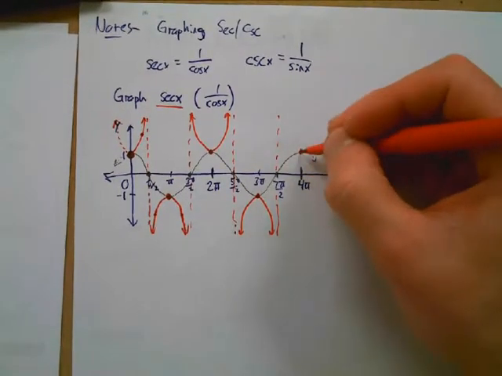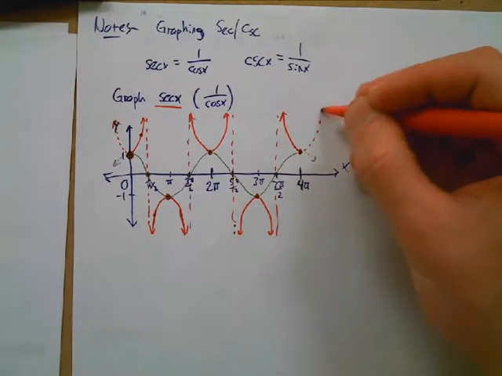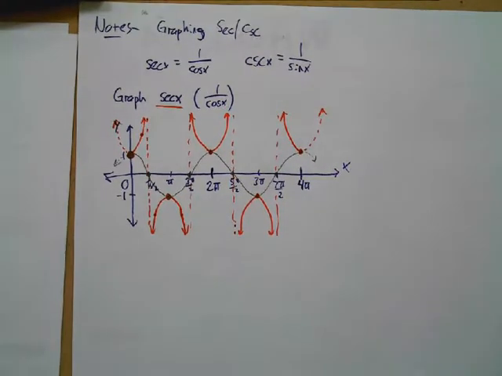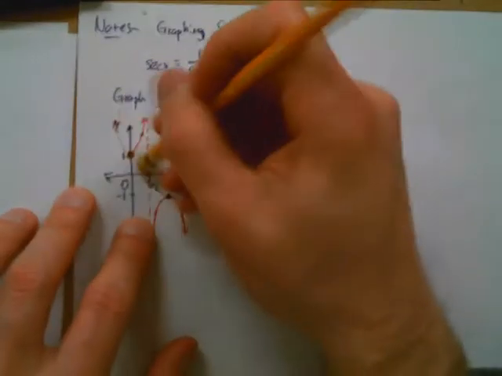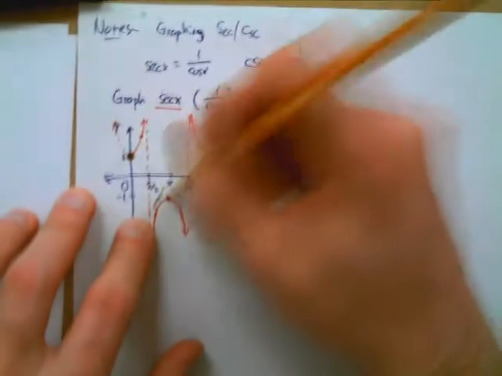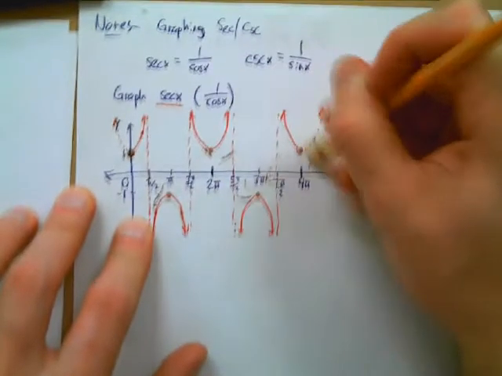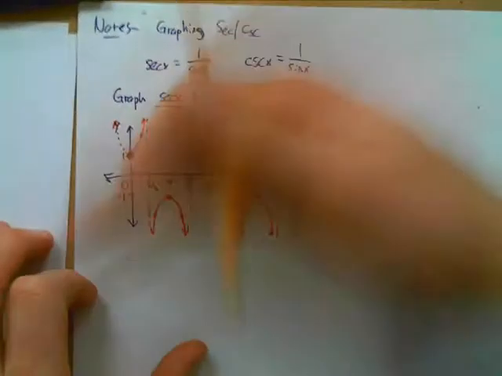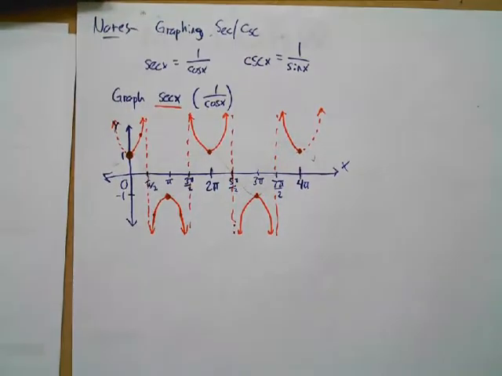Okay? And then if we erase that cosine, there's secant. Okay? And if we do the same thing, I'll just show you here on the graphing calculator. Here's 1 over cosine of x, which is, of course, secant.